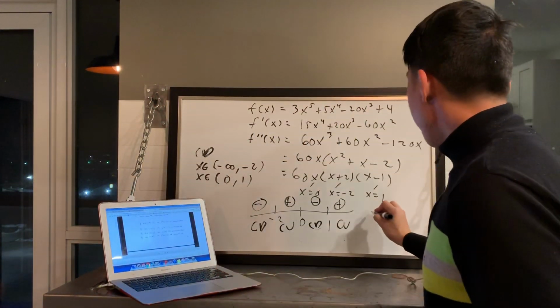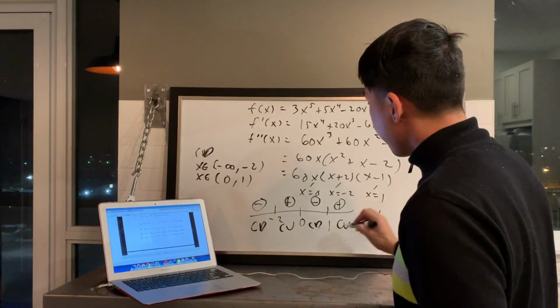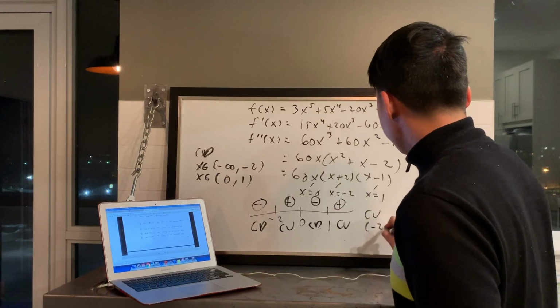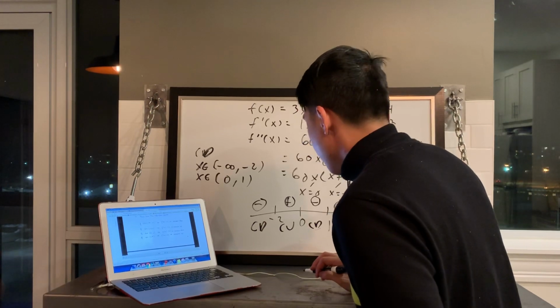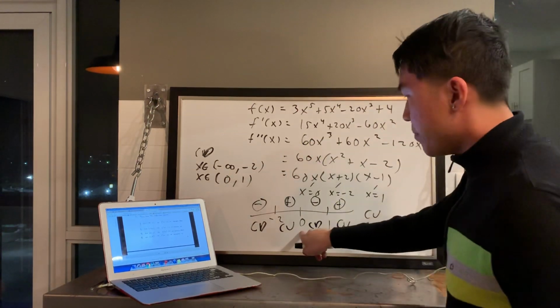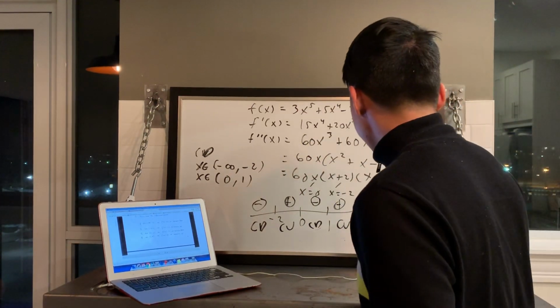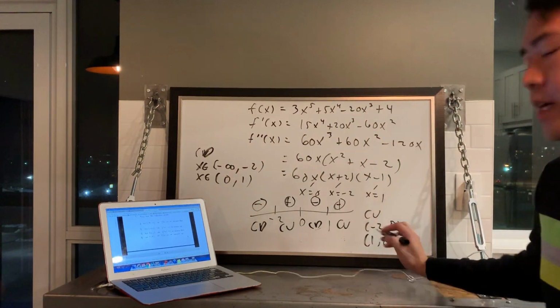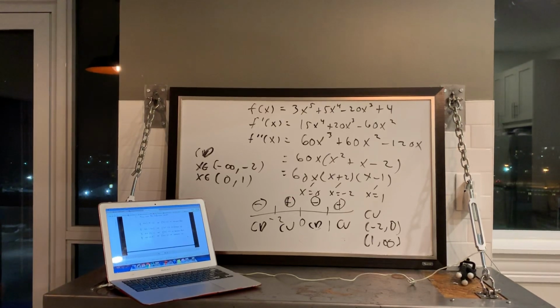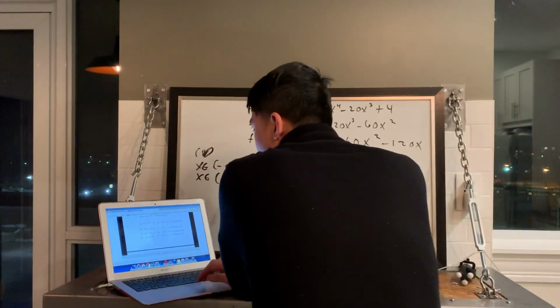And I'm concave up from -2 to 0, sorry, 0. And also 1 and infinity. We don't include infinity again. We never put square brackets. We put round brackets for infinity. So that's fine and dandy.